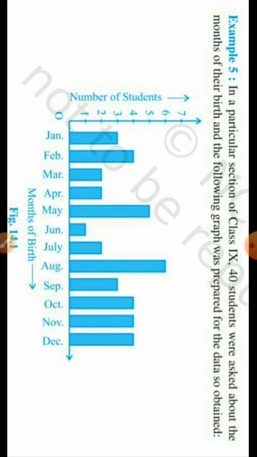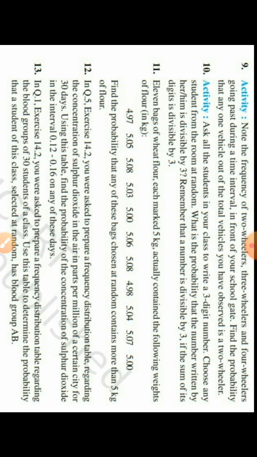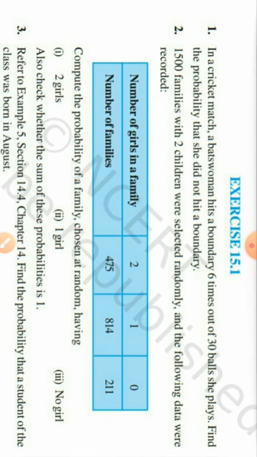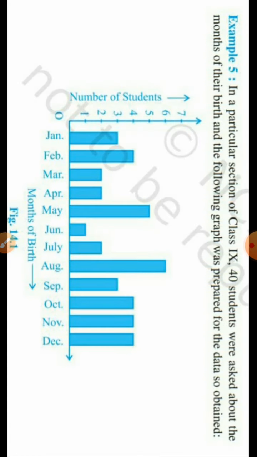Again look at the question. What is asked? Question number 3: find the probability that a student of the class was born in August. Obviously its answer will be 6 upon 40, because 40 students are total, which is given in the first line of the question, and 6 students born in August we derive from the graph.